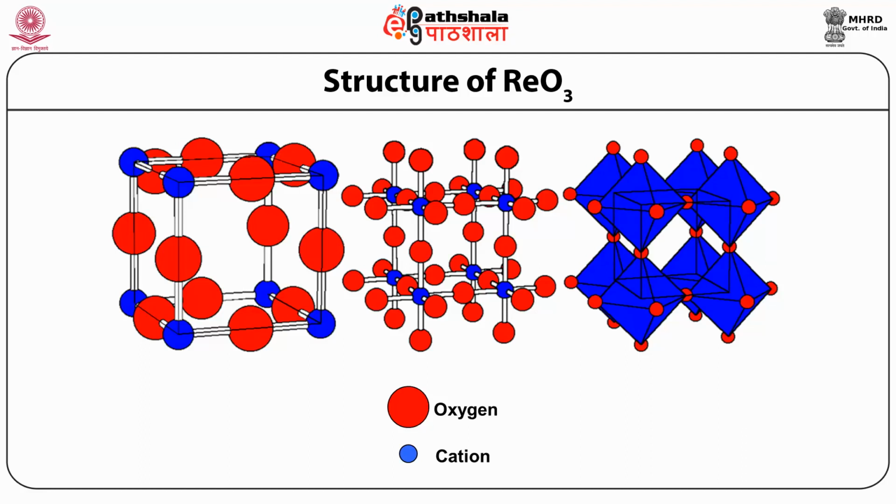As we have discussed earlier, such structures are similar to perovskite structures, that is ABO3 with an absence of A-type atoms. So you can see in the figure that the cations occupy the corners, whereas oxygen occupy the edges. So such structures are ReO3 type structures.